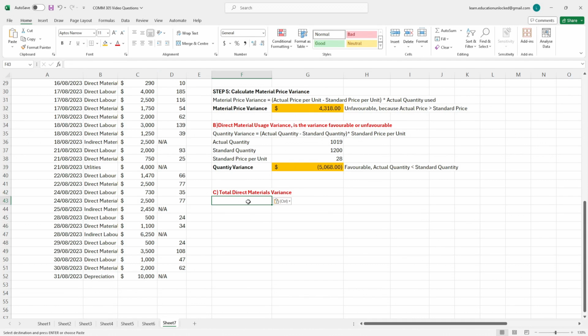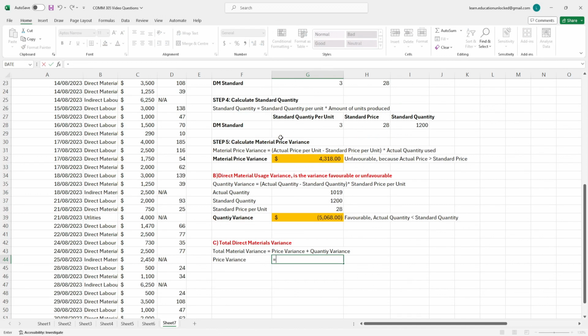So C, total direct material variance. So let's look at the formula. Total material variance is equal to price variance plus quantity variance. And so our price variance, this is just combining what we found in A and B. Our price variance is 4,318.